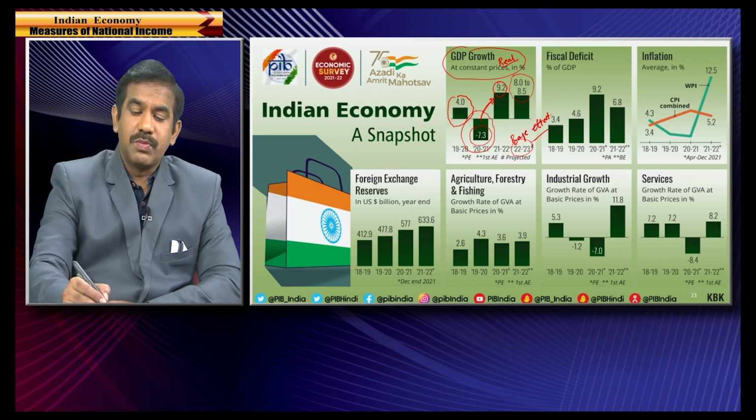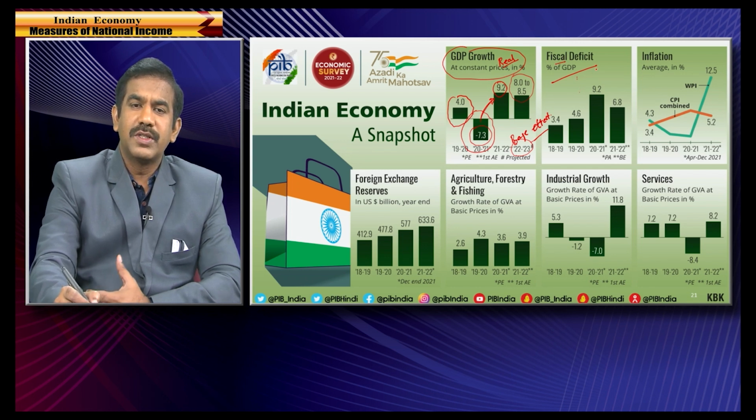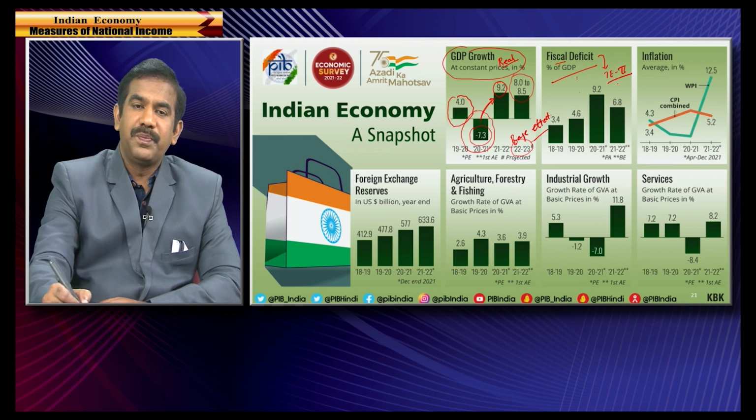And the second most important is fiscal deficit. We express this fiscal deficit as a percentage of GDP. I think you are aware that the word fiscal represents treasury or purse. You know the difference between surplus and deficit. Excess we represent with the term surplus, shortage with the term deficit. So fiscal deficit is simply the gap between the total expenditure and total income of the government of India.